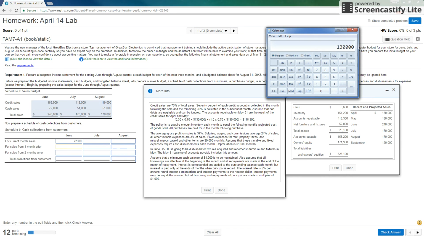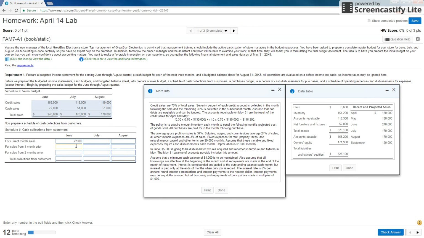That's the total sales on the May. Out of this 130,000, 70% of it was credit sales, which is 91,000. And now we are collecting 70% of these credit sales of the May. So 63,700. That's the number that we are collecting from 1 month prior.